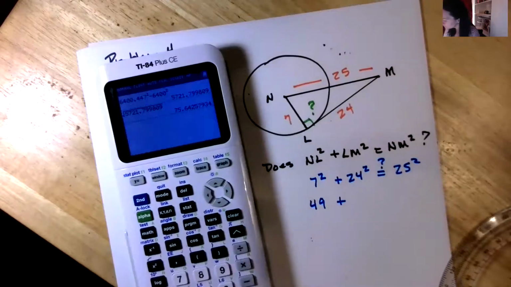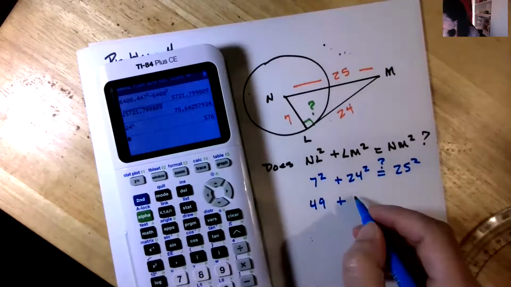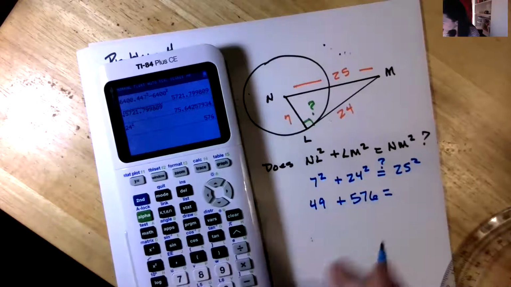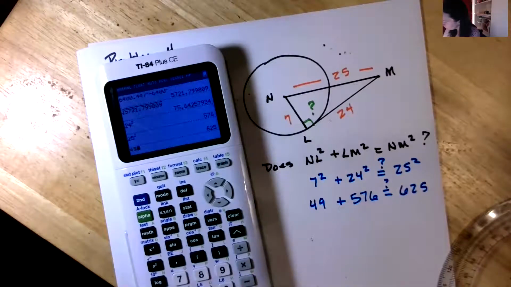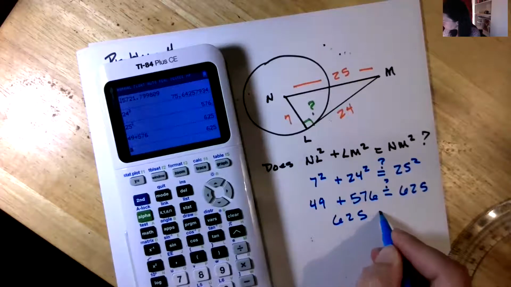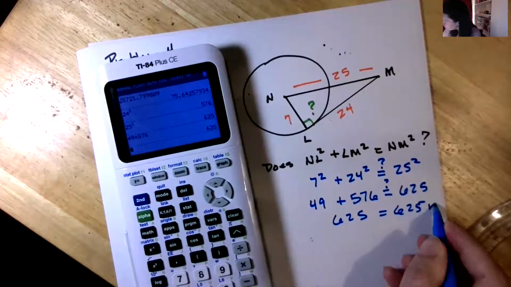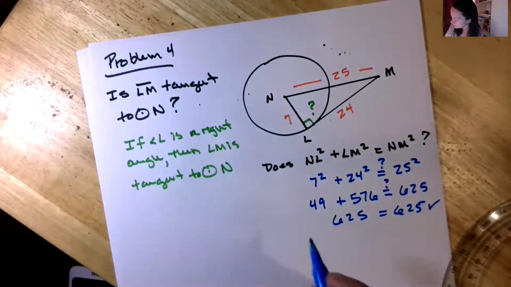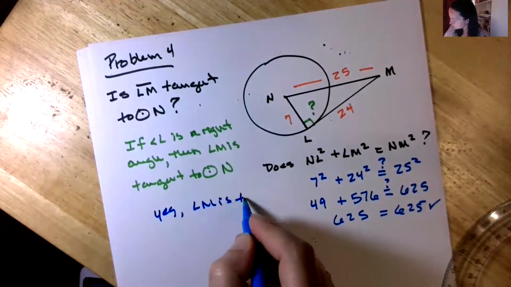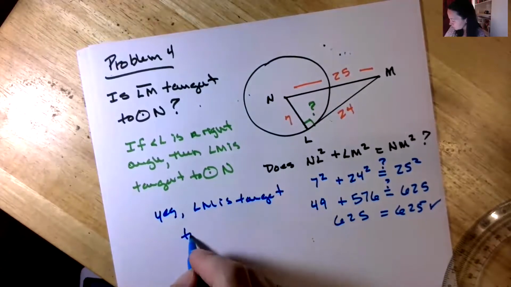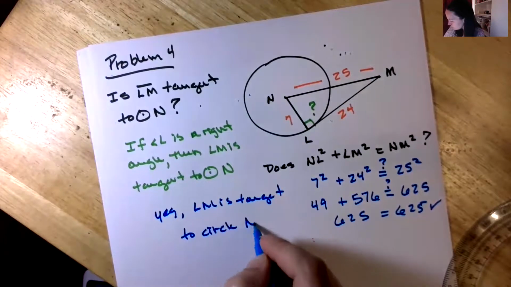What's 24 squared? 24 squared is 576. 25 squared is 625. So does 49 plus 576 equal 625? Yes, it does. So, yes, we can conclude that LM is tangent to circle N.